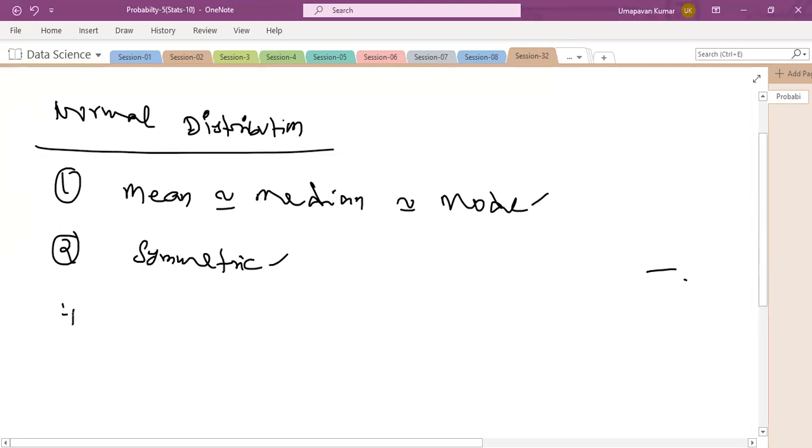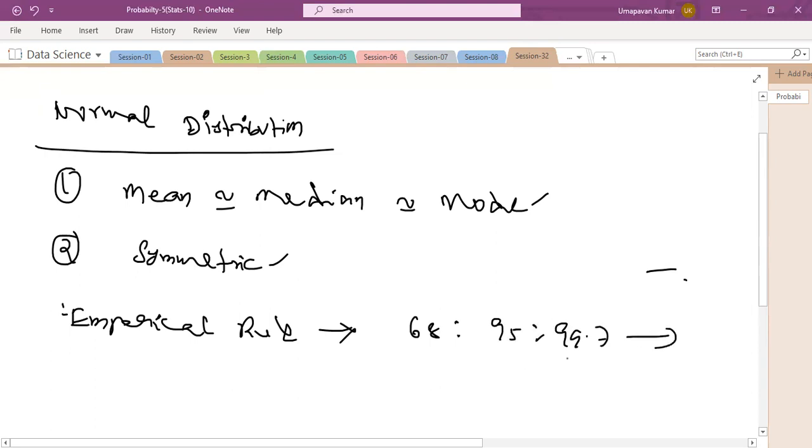And there is an empirical rule, friends. The empirical rule basically gives the aspects of 68, 95 and 99.7.